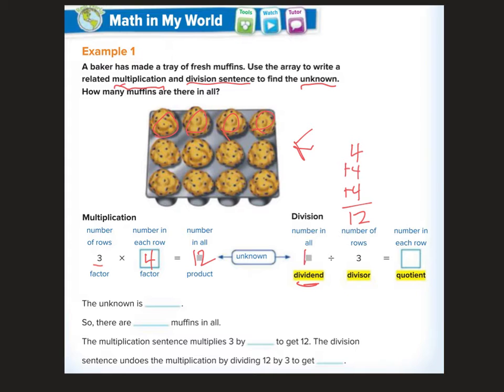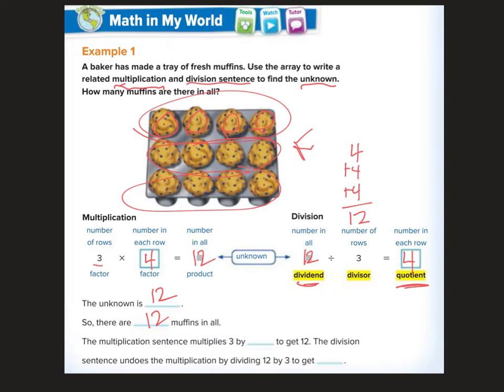So that's going to be 12. And if I divide it into 3 equal groups, I'm going to get 4 in each group. My quotient is 4. So the unknown here is 12.